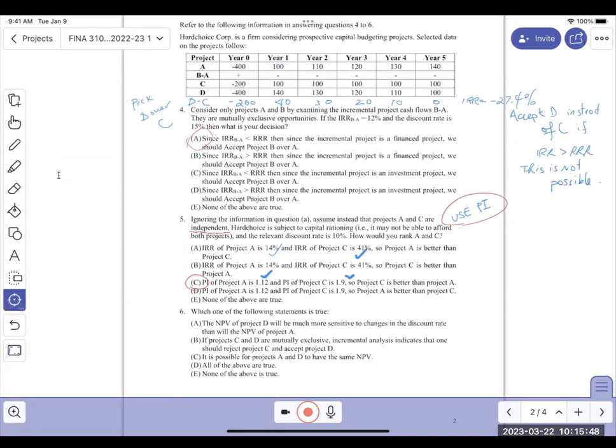You'll never have a discount rate. You'll never use a required rate of return that's a negative. So this is not possible. So it basically means you pick C.